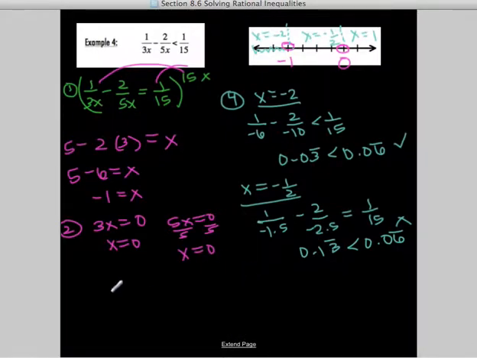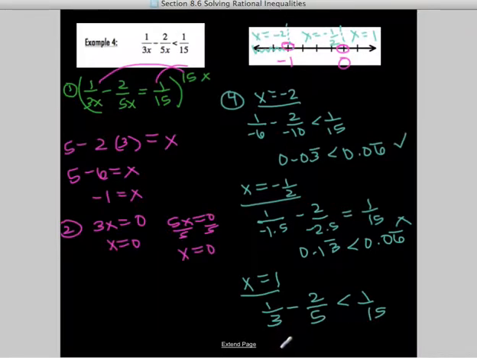And the last one I need to check, I need to plug in 1 and check. Okay, so if I plug in 1, 3 times 1 is 3, so I'd have 1 over 3, minus 2 over 5 times 1, so 5. Is that less than 1 over 15? So I type in the left-hand side of my calculator.